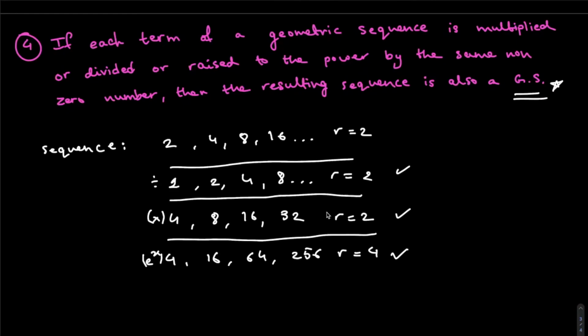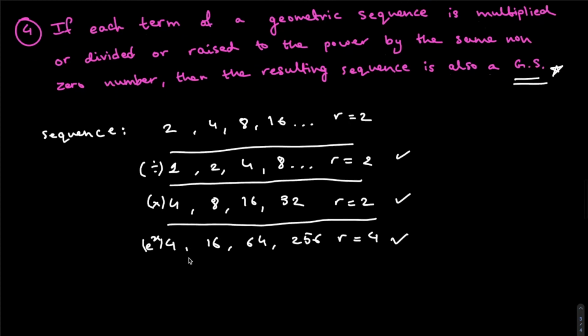So maybe you're trying to manipulate some numbers, trying to adjust them to meet the situation's criteria. That's when this property can come in useful. Maybe if you multiply by 2 or divide by some constant number, you can make the sequence a lot simpler, because it's still a geometric sequence. You can use this concept.